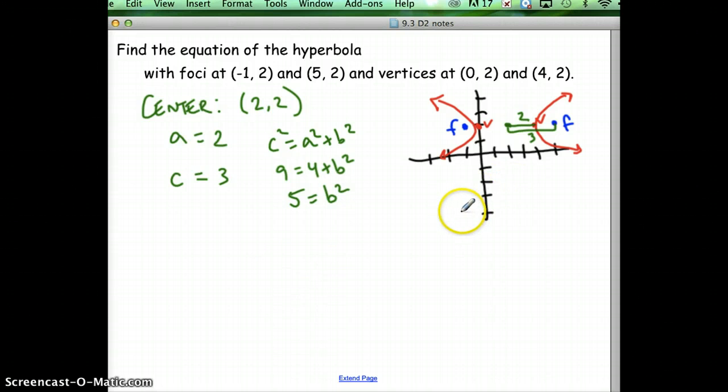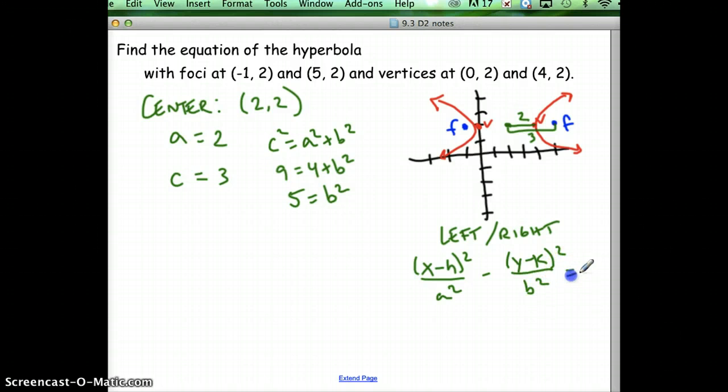This is opening left, right. So the formula that I need to use is (x minus h) squared over a squared minus (y minus k) squared over b squared equals 1.